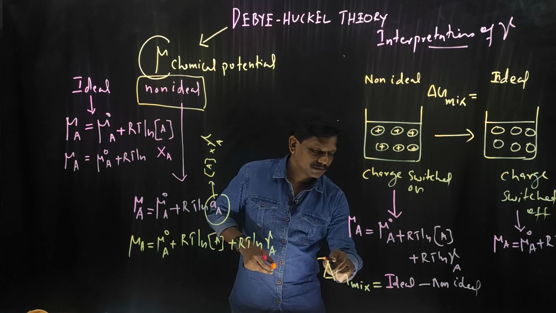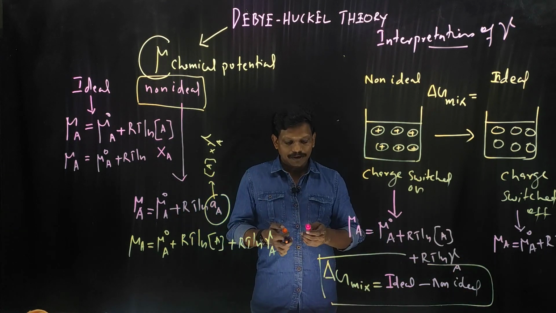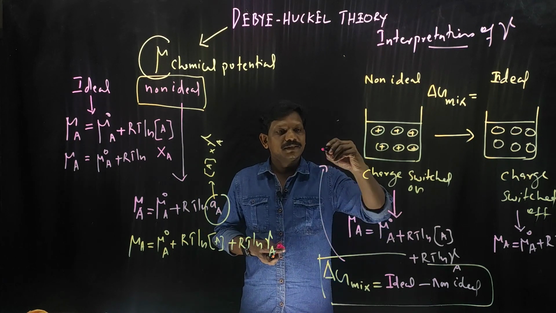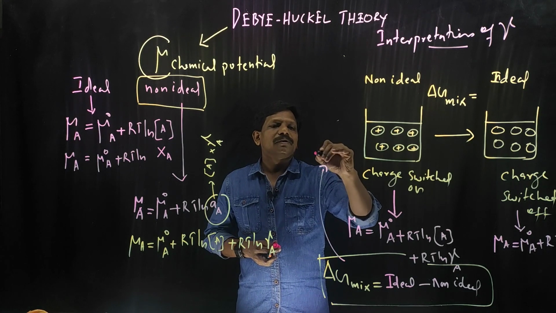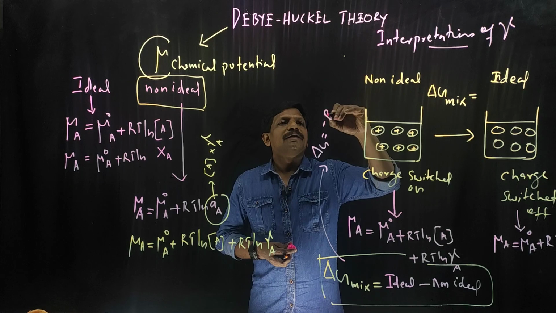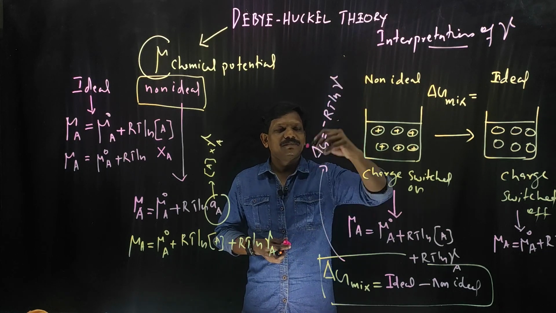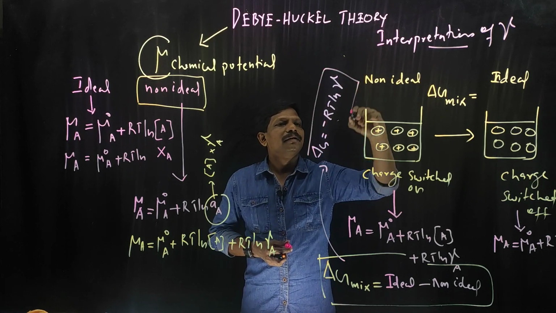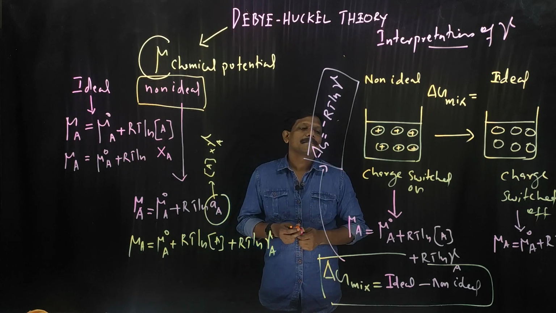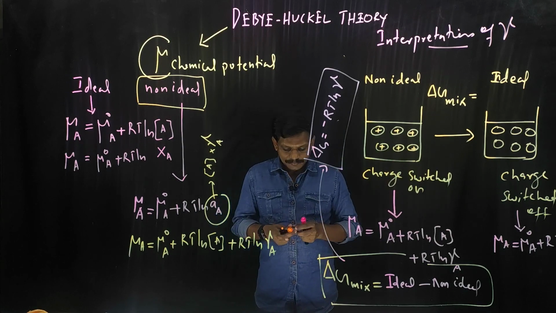So this equation is important: ideal minus non-ideal. What you are getting is delta G equals minus RT ln gamma A. So this is the term you get when you take the free energy difference between these two.